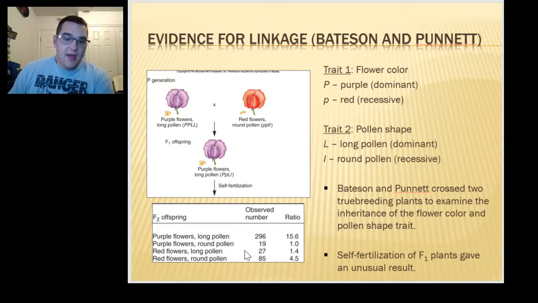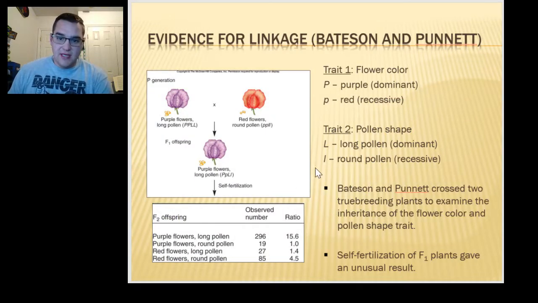But they actually make a certain number of observed. They did quite a few of these to make sure the statistics are right. They worked with round pollen and long pollen, and they found all these different observed ratios, like 15 to 1 to 4, 1 to 1.5 to 4.5.